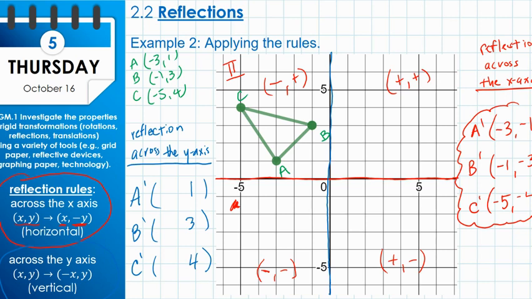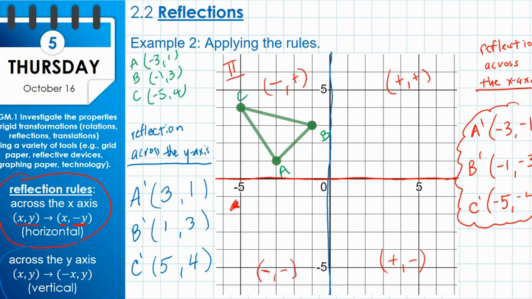And now I rewrite my x values as the opposite. Again, the opposite x, same y. This does not say negative. The rule says the opposite x, same y. If 3 is negative, the opposite of -3, +3. -1, +1. -5, +5.